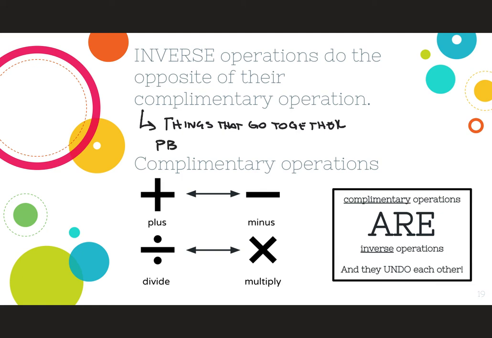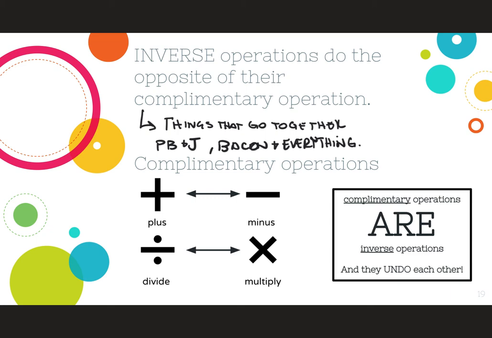PB and J are complementary. Bacon and everything would be complementary. That's just me. I haven't had bacon for dinner, and I think it's delicious. But things that go together.